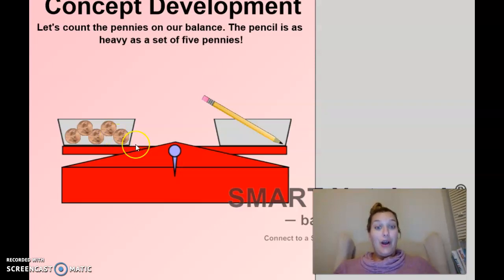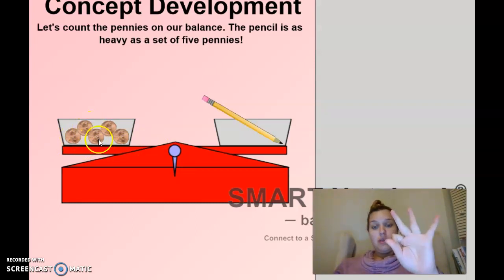Yeah, our scale is even and balanced and equal. So how many pennies is equal to the weight of a pencil? How heavy is a pencil in pennies? Well, we can count them. Very good. 1, 2, 3, 4, 5.